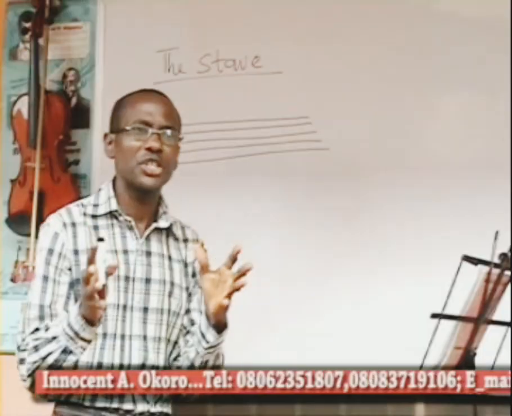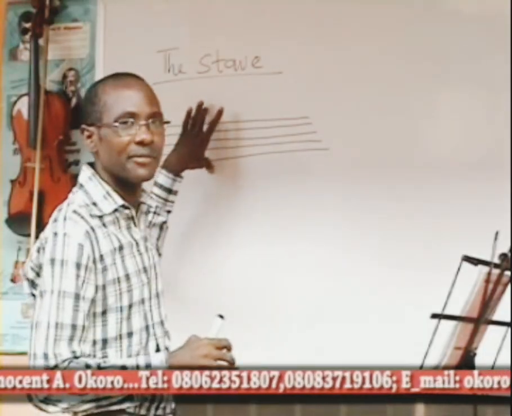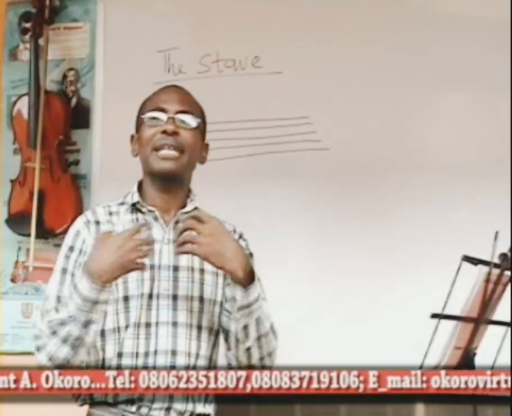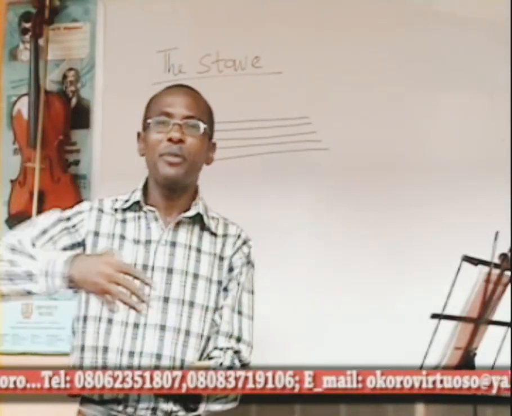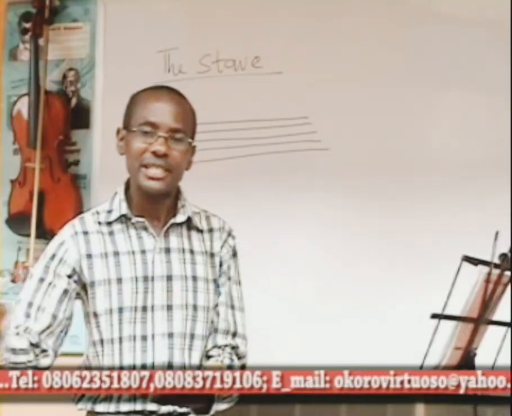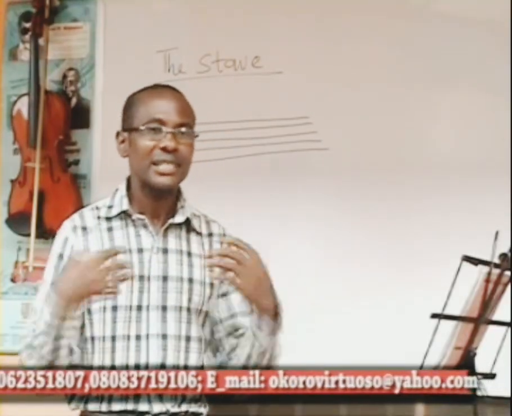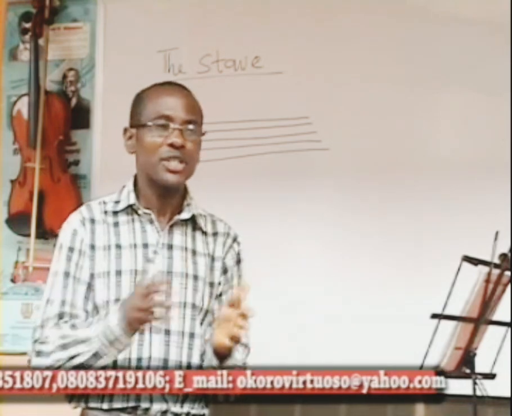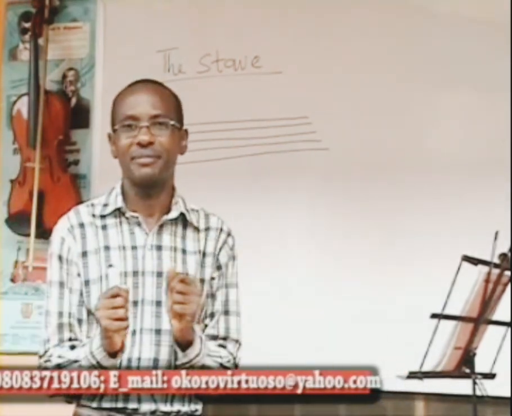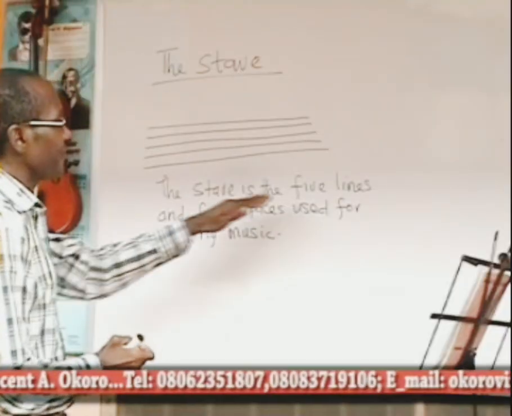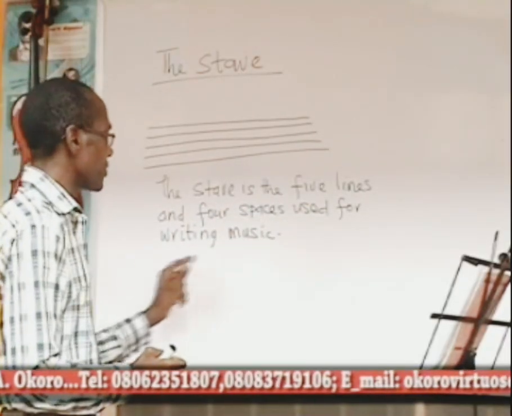Staff notation is a writing that is done on the stave. You can say staff reading. Staff reading is when you pick up a music that has been written on the staff and you are reading it. Or you can say staff singing. That means you are singing directly from a notation of music. So the stave is the 5 lines and 4 spaces used for writing music.